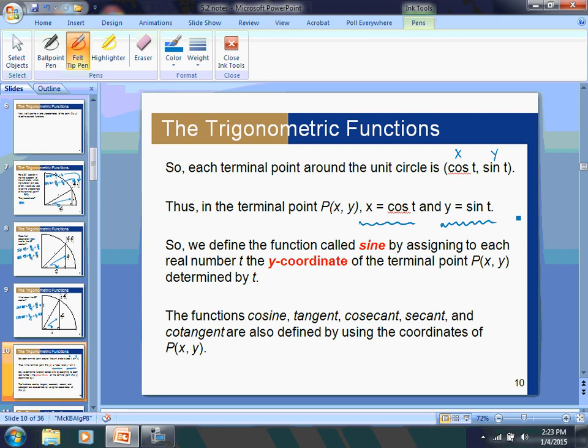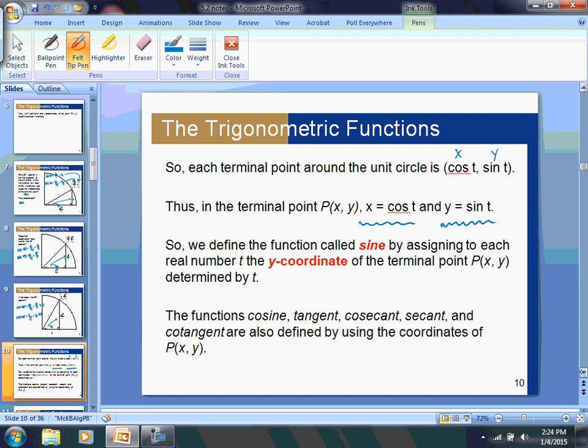And then we have some notes here. So every sine is going to be every y coordinate, and every cosine is going to be every x coordinate. We just said that. And then tangent, cosecant, secant, and cotangent. Okay, so basically we can find all of the other values knowing sine and cosine.